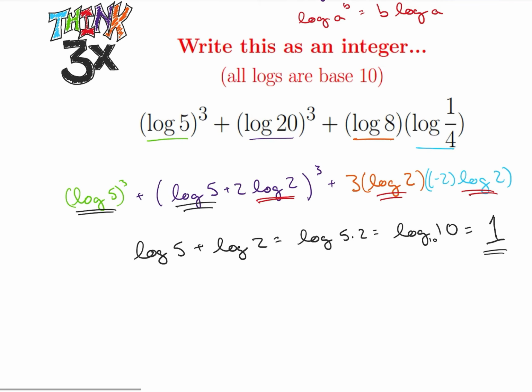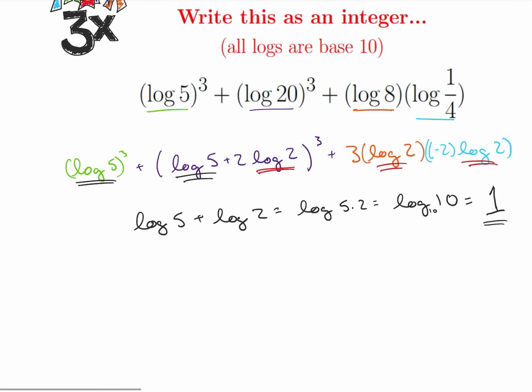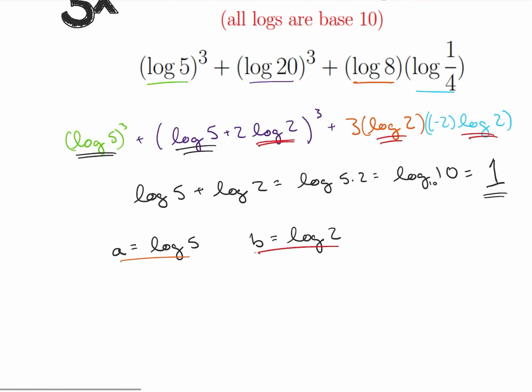So I'm going to do a little bit of substitution here. I'm going to say a is equal to log of 5, and b is equal to log of 2. Okay, a is log of 5, b is log of 2. So let's go ahead and do that substitution in here.